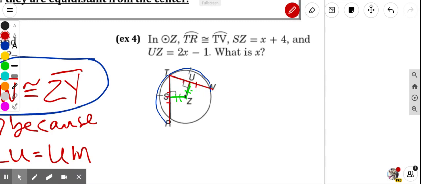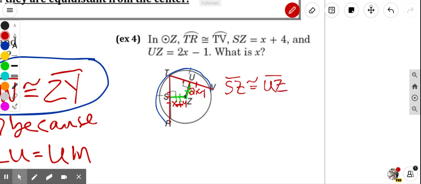Okay, so if we have congruent arcs, we have congruent chords, we have congruent distances to the center. So let's look at what we're given here. It says SZ is x plus 4, so that's this little tiny piece here. It's going to be hard for me to label, but I'll try my best. And then UZ is 2x minus 1. So we just determined that SZ is congruent to UZ.